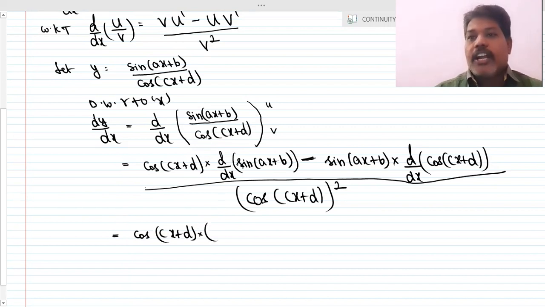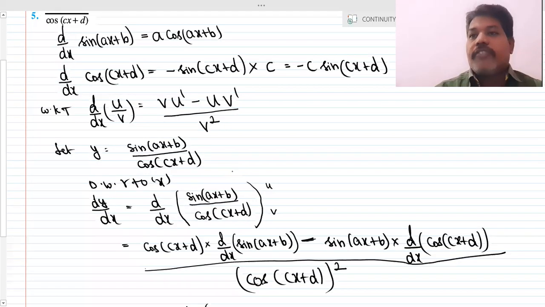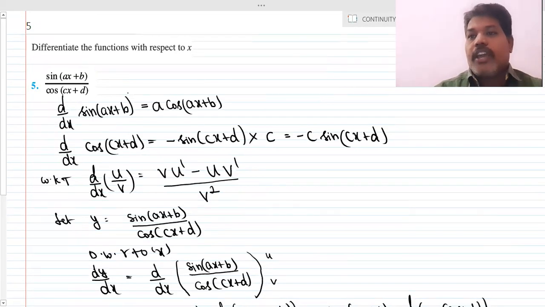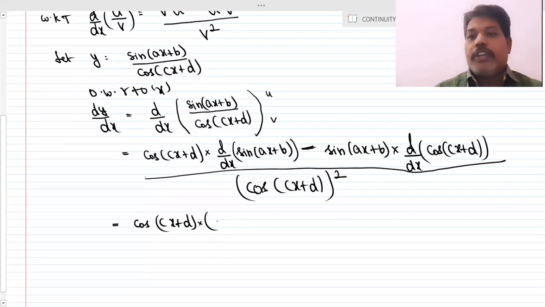Already I am given the derivative of sine of ax plus b. What is the derivative of sine of ax plus b? It is a into cos of ax plus b. I will replace this value here, students: a into cos of ax plus b.